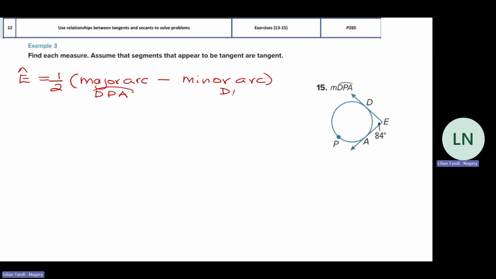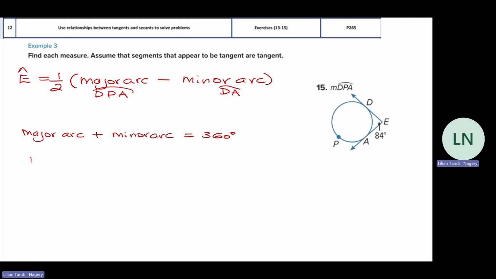Now, you also know that major arc plus minor arc should give us 360 degrees. The major arc plus the minor arc should make a whole circle. So that's why it's 360 degrees, okay?